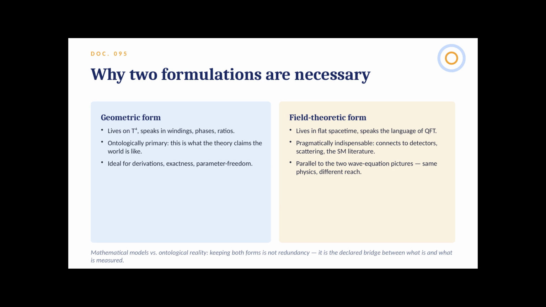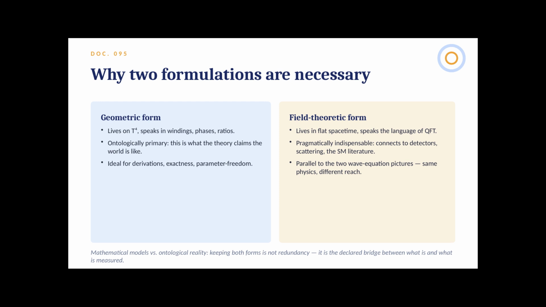Slide 18. You might ask, why keep 2 different descriptions around? Isn't that redundant? Here's the thing. The geometric form lives on the torus and speaks in windings, phases, and ratios. It's ontologically primary. It's what the theory claims is actually true about the world, and it's ideal for exact, parameter-free derivations.